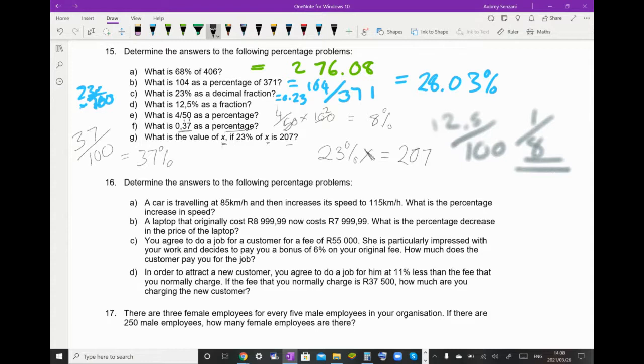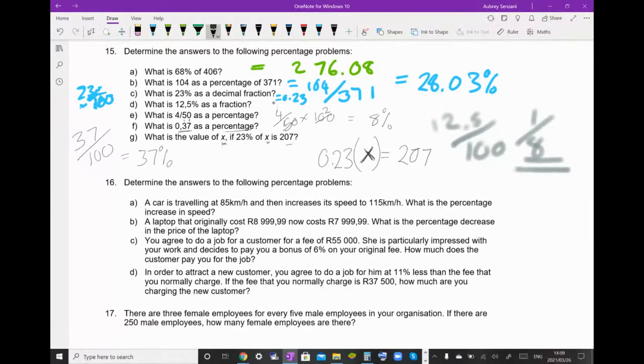What we want is x. So how do we get rid of this? This is the same as saying 0.23 times x, which I'm going to put in brackets, is equal to 207.